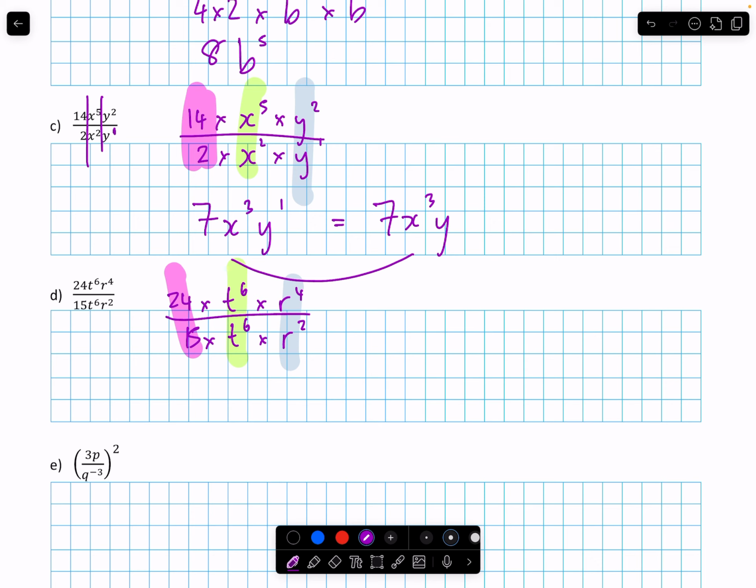Smallest number that goes into all of these is 3. So 24 over 15 cancels out down to 8 over 5. The t's, 6 take 6 is 0. That's going to be t to the 0 times by r, 4 take 2. That's going to be 2.